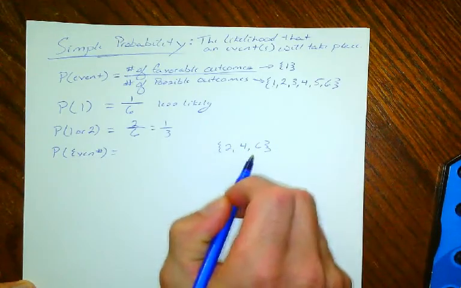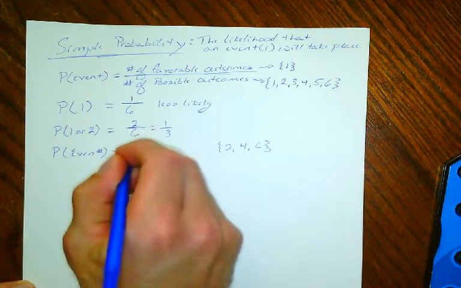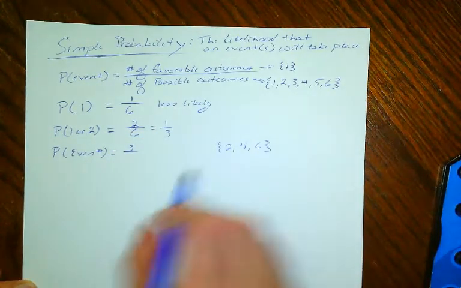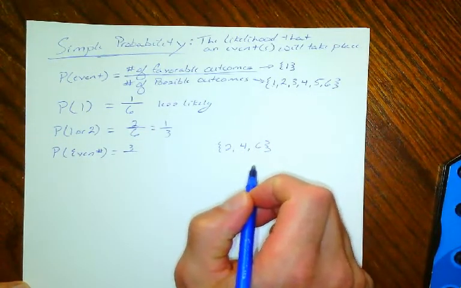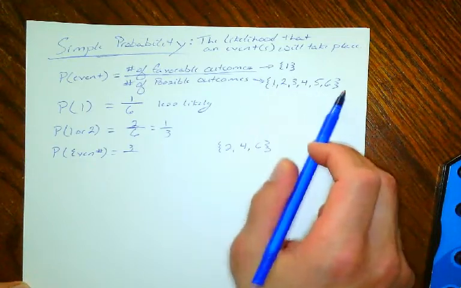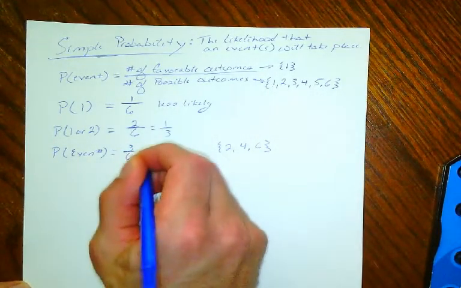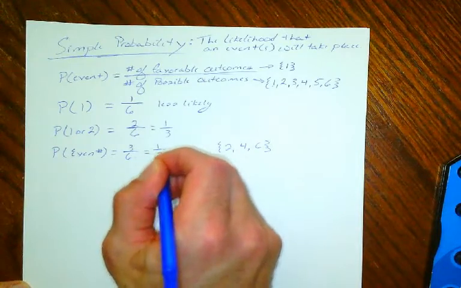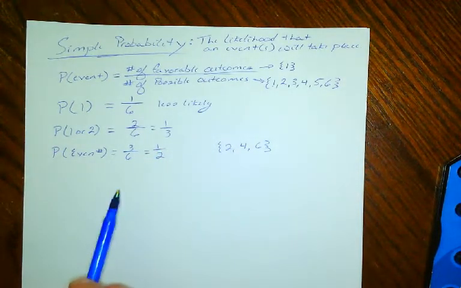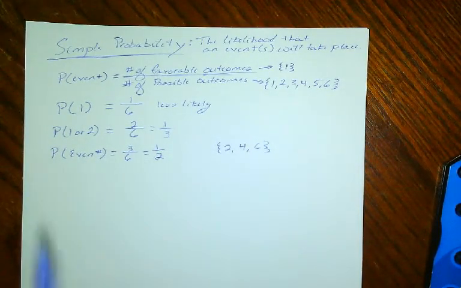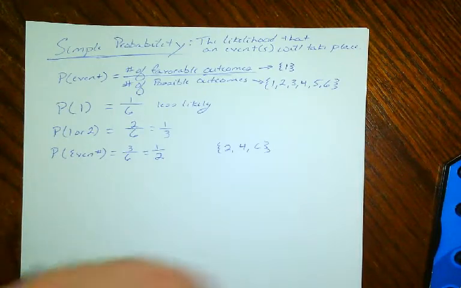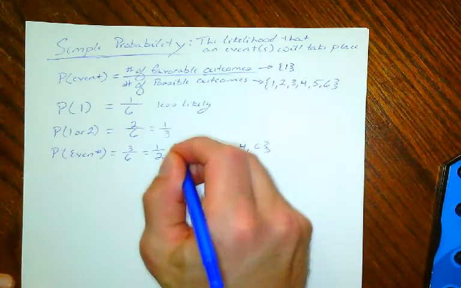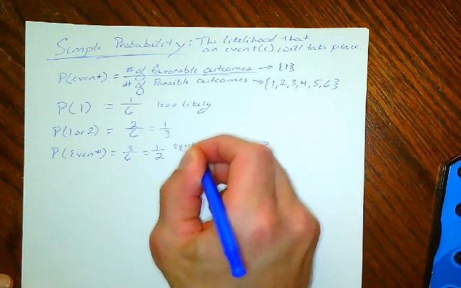Alright, so my favorable outcomes, I have 3, all over my total outcomes or possible outcomes, again, I have 6 possible outcomes. So that's 3/6, and I could simplify that to 1/2. Alright, so the probability of getting an even number is 1/2. Alright, we could say that's equally likely to happen or not happen. So you might see a phrase like equally likely.